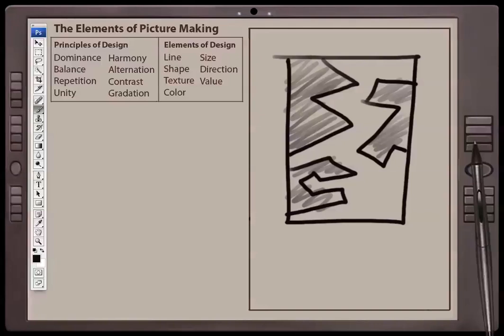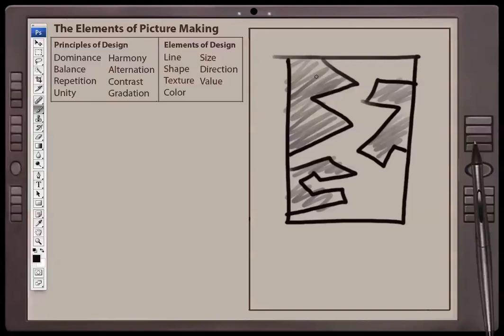Shapes are what are going to make or break your pictures to a large extent, because if the shapes are not good, the picture isn't going to look interesting. Good shapes make interesting pictures, but you need to know what makes a good shape, and you'll learn about that later on. But right now, I just want to focus on dominant shapes.